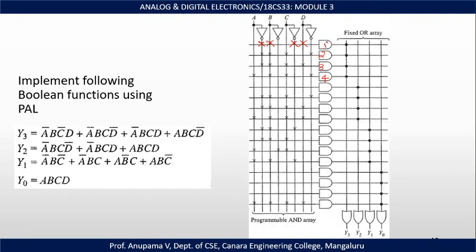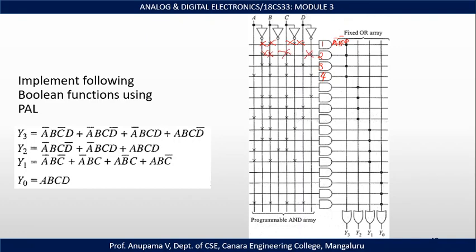Draw a cross mark against A bar, B, C bar, D of AND gate 1. So the output of AND gate 1 is A bar, B, C bar, D. This is the input for Y3. Now the next term is A bar, B, C, D bar.